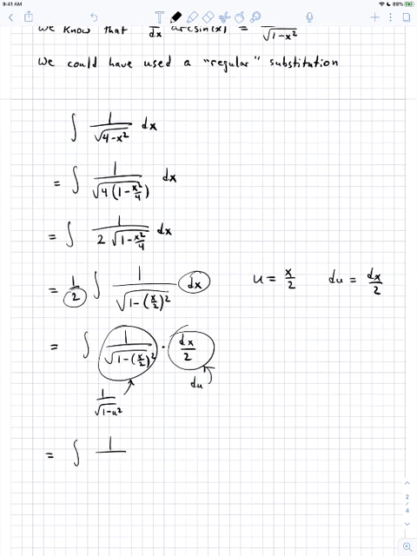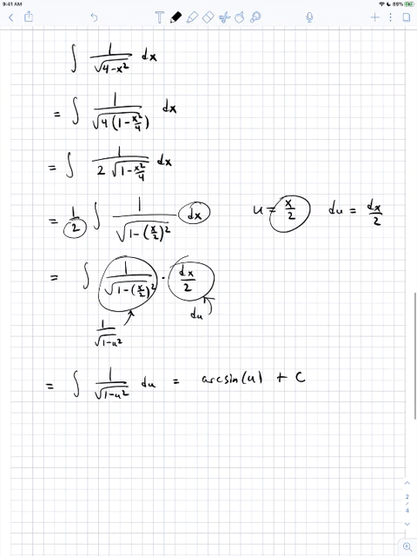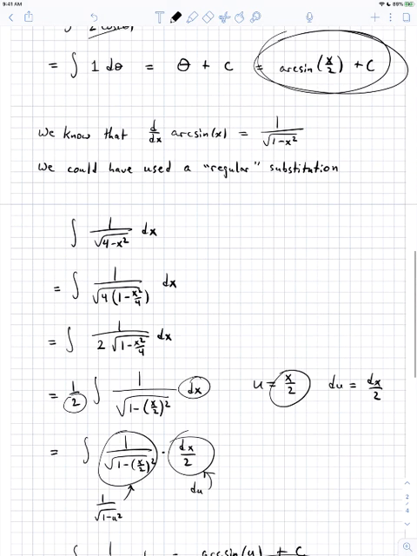The integral of 1 over the square root of 1 minus u squared du, which is arc sine of u plus a constant. And then you just have that u is equal to x over 2, so you just plug that right back in there, and then you have arc sine x over 2 plus c, which is the same thing that we had before, right up here, as you can see.